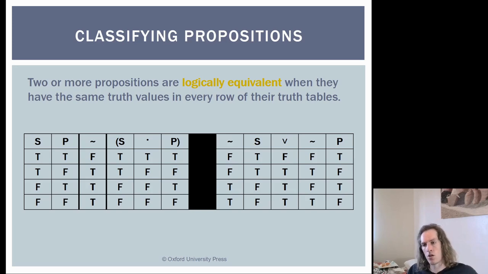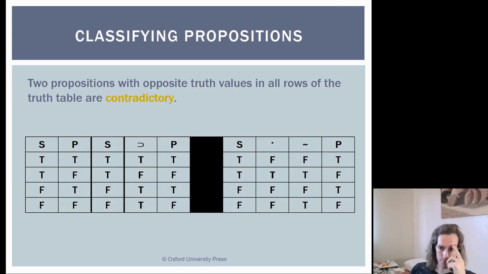The meaning stays the same, but we can go from it's not the case that S and P to not S or not P if one of those is more convenient for us. Because they're logically equivalent, we could use either one of them, so they're interchangeable in that way. All right.